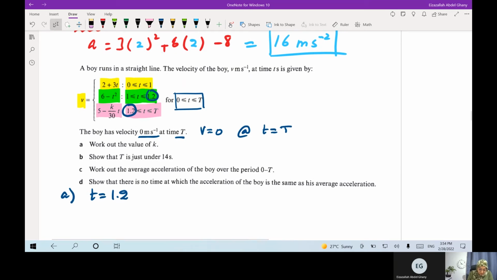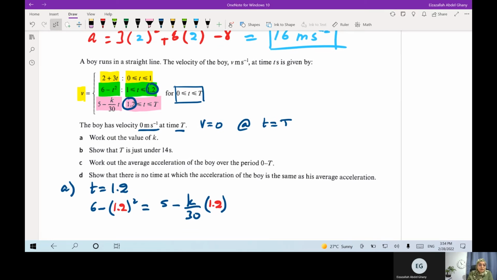At t equals 1.2, 6 minus t squared is equal to 5 minus k over 30t. And in both, I'll write t is the same, which is 1.2.